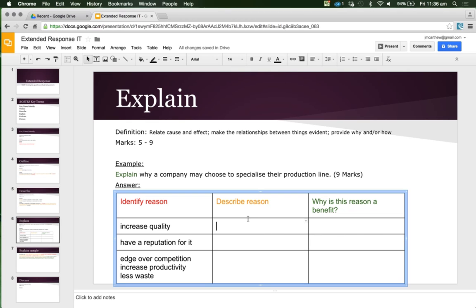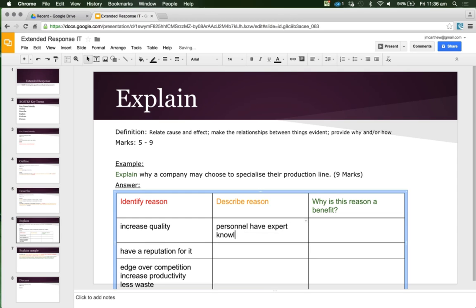But if you just describe the reason, so let's describe the reason of increase of quality. What is it? How do we increase quality by specialising? Excellent, yeah. Great. What else?